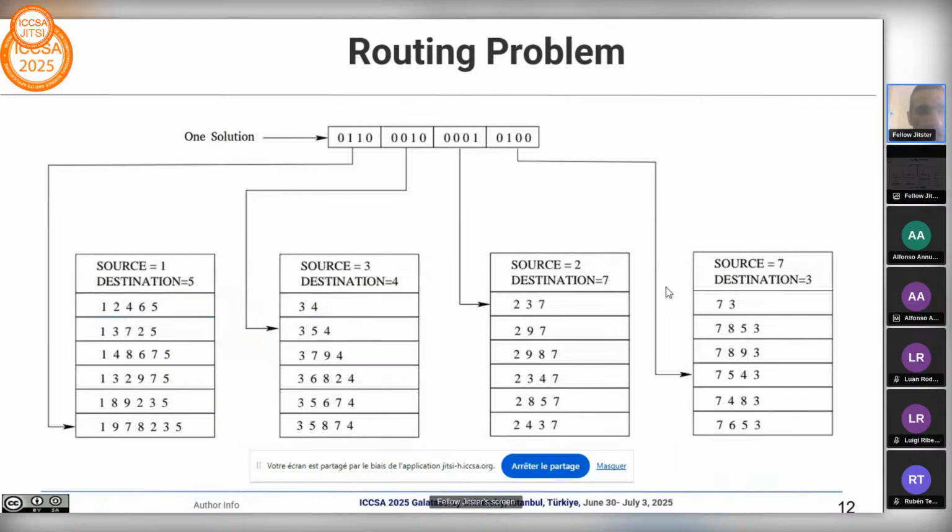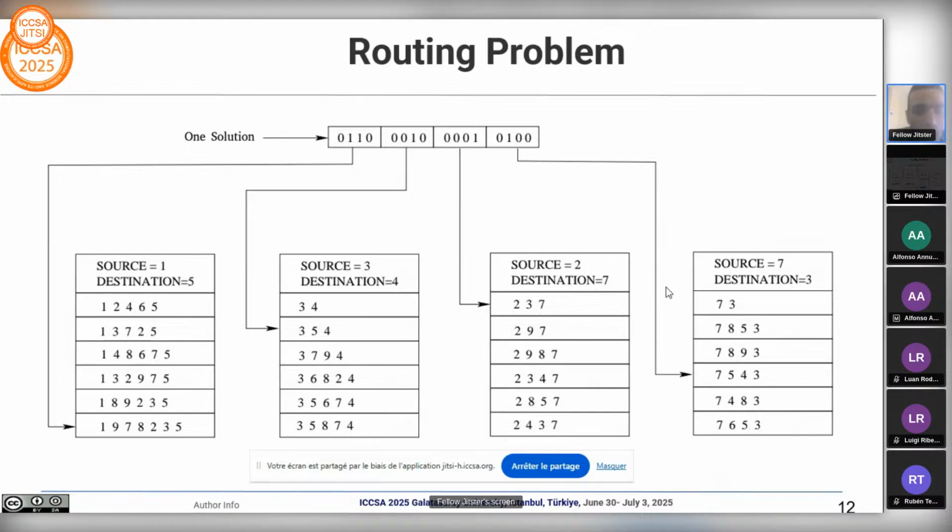The solution is the set of routes, and we try to find one route between the source and destination for every source and destination pair.